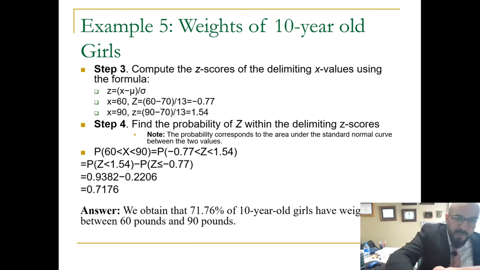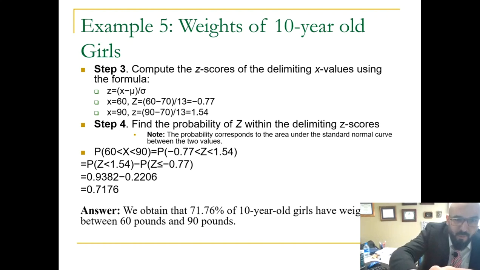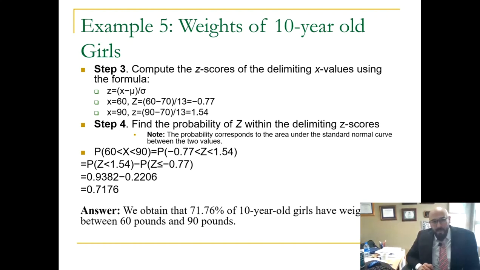Using the z equation, x minus the mean divided by sigma, the z value for x equal to 60 would be minus 0.77, and the z for x equal to 90 would be 1.54. Now we have to find the probability of z within the delimiting z-scores. The probability corresponds to the area under the standard normal curve between the two values.